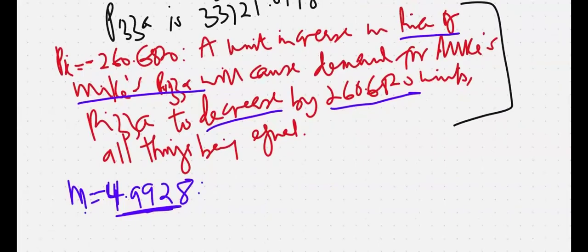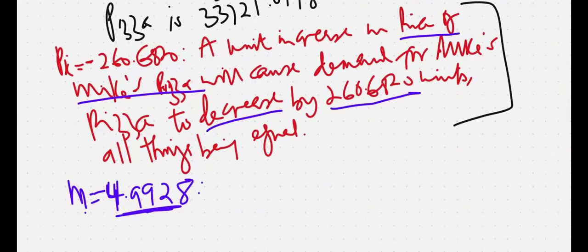equal. There are several ways you can write this. A one unit increase in this would cause a one unit increase, or a decrease, in demand for Mike's Pizza by 260.6820 units, all things being equal. That's one way you can write it.